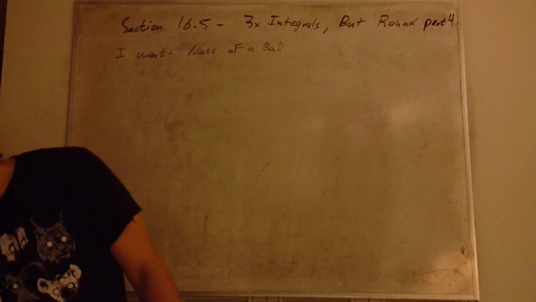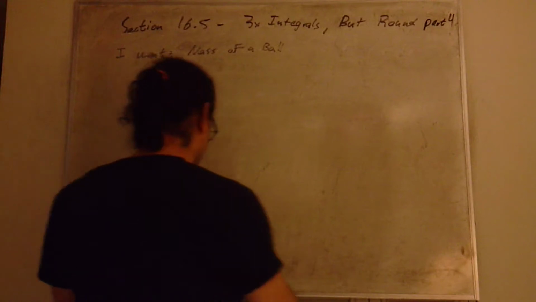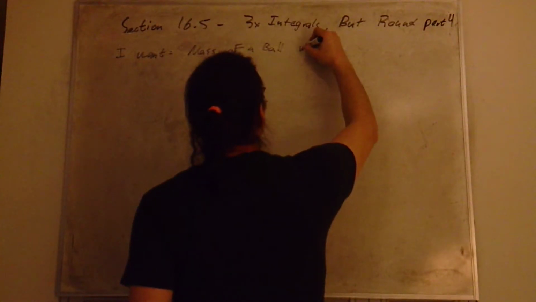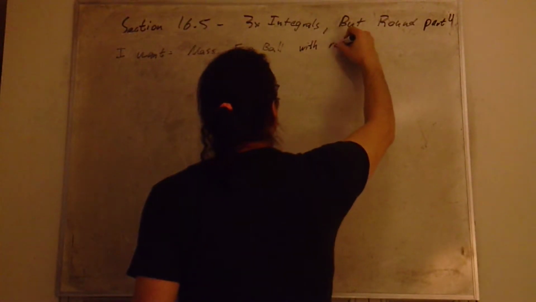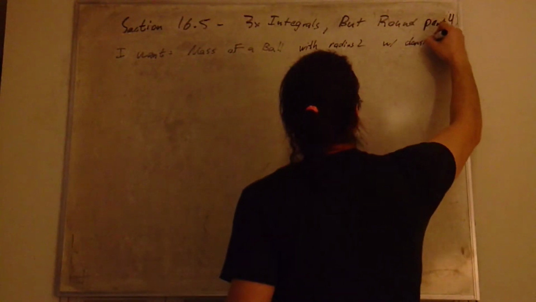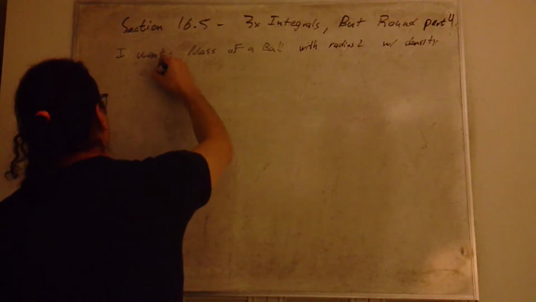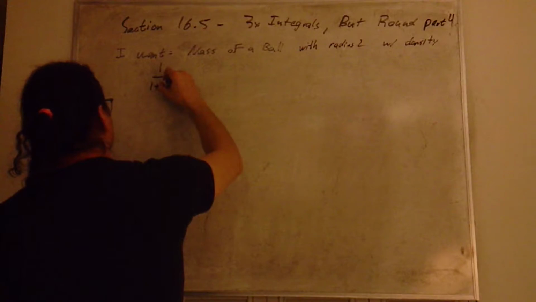So I want the mass of a ball, radius 2, with density 1 over 1 plus rho cubed.